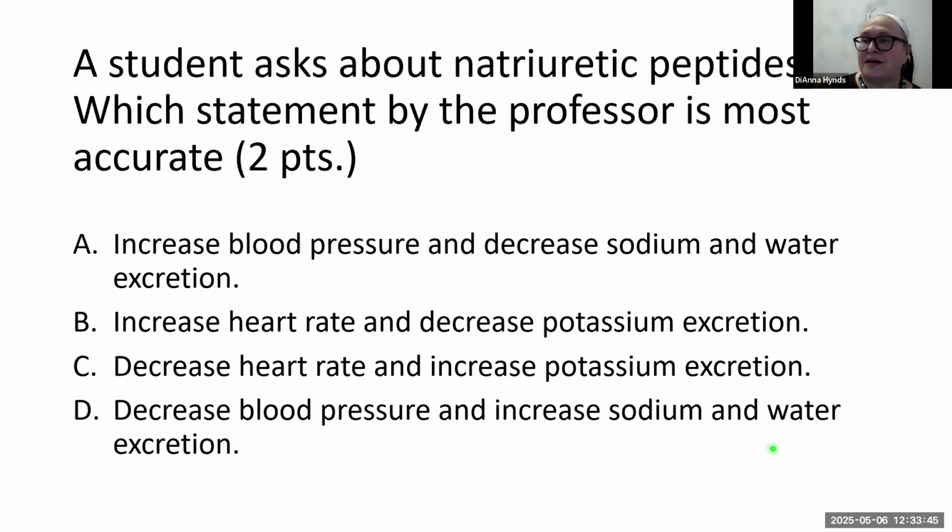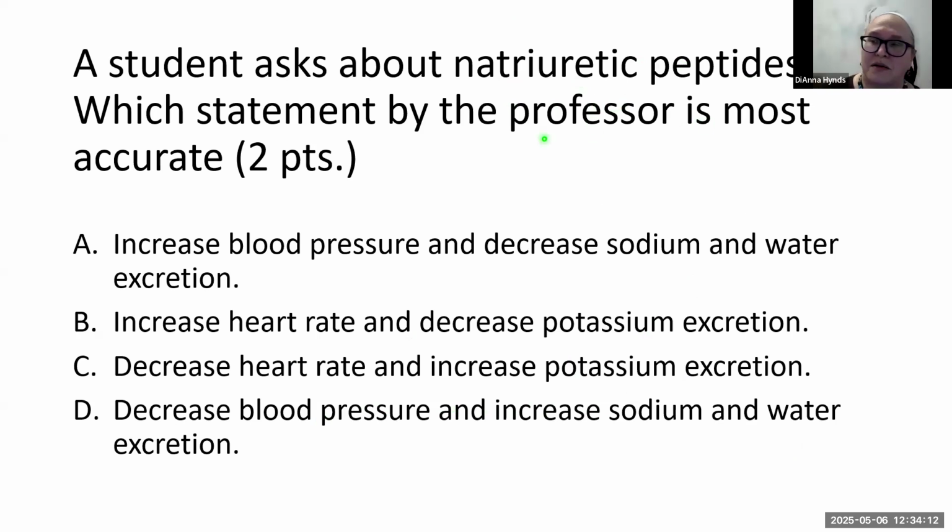And so what you want to look at here are keywords. We're talking about natriuretic peptides. The natri prefix here is referring to sodium. So you can probably rule out the things about potassium, because this should be affecting sodium, right? And so now you have to know what natriuretic peptides do.